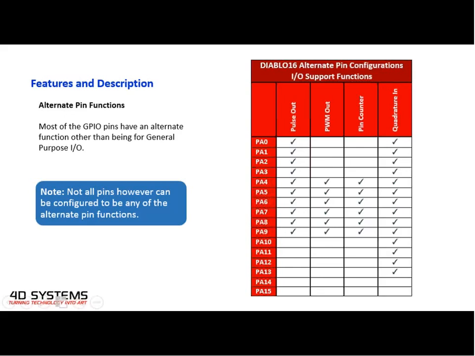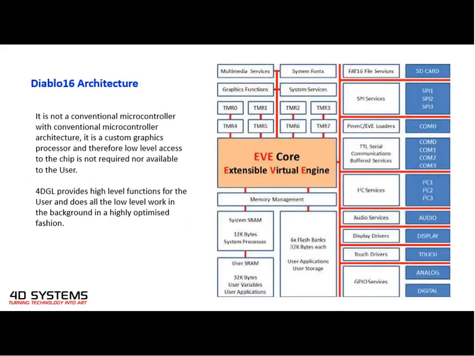You can assign that to any of these pins. Not all pins, however, can be assigned to this alternate pin function. But at least we have several of the pins available for this special function.